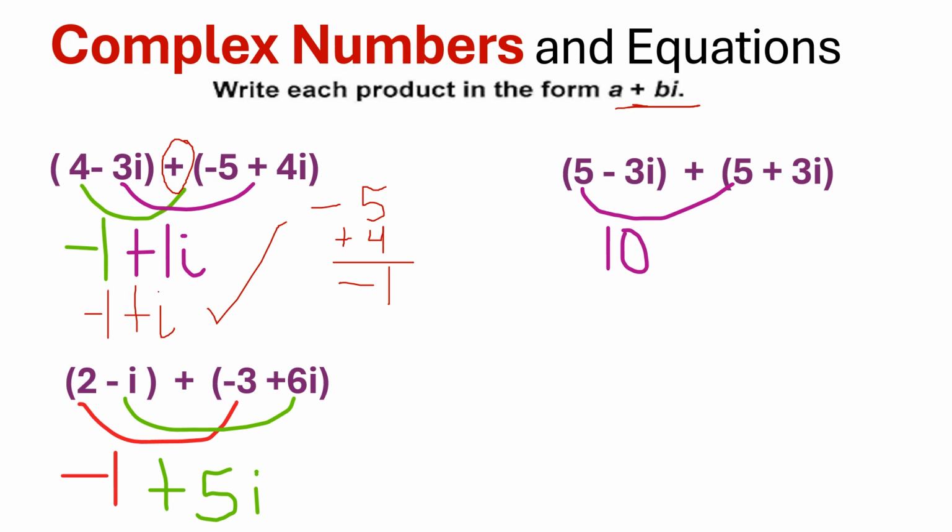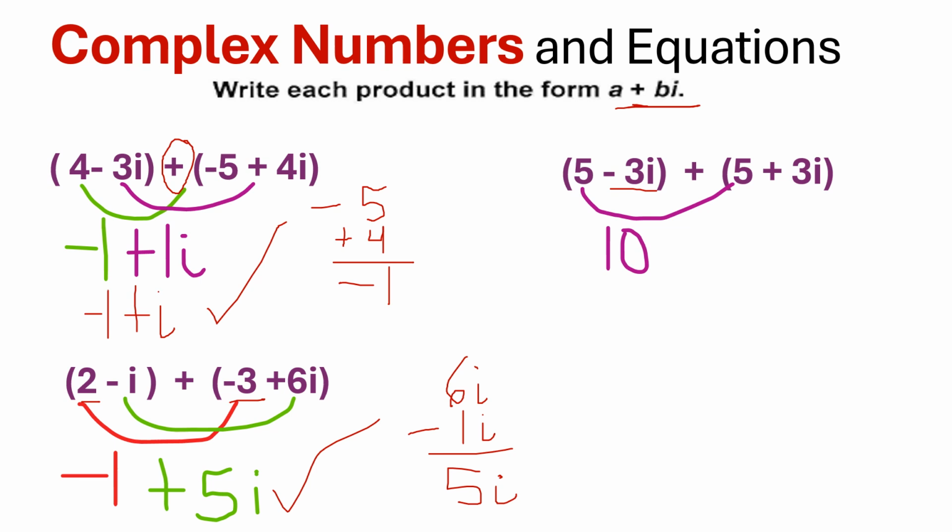Over here, guys, you ready? You're faster now? 2 minus 3, negative 1. Negative i minus 6i is going to give you a positive 5i. Hey guys, did we do everything right? We did. We're almost done for the long haul. 5 and 5 is 10.